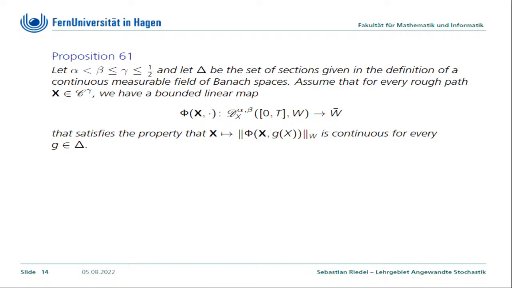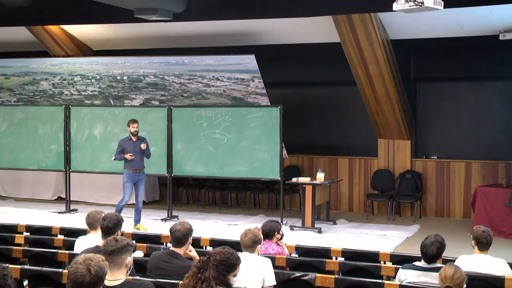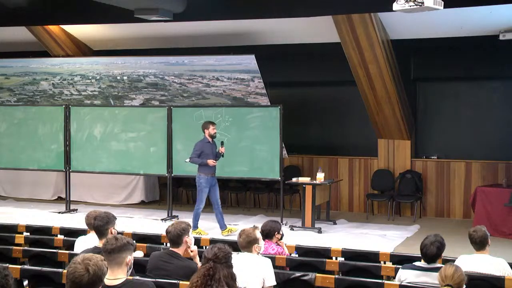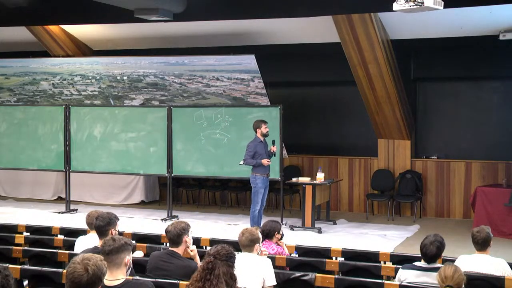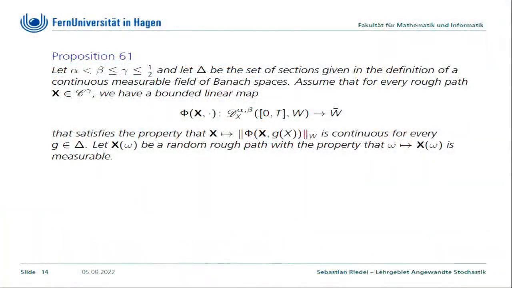We need that this map is continuous. Actually, I think measurable would be enough, but in the applications we can prove even continuity, so let me assume continuity here for every G. Let's assume that we have a random rough path, and we also need some measurability, of course.